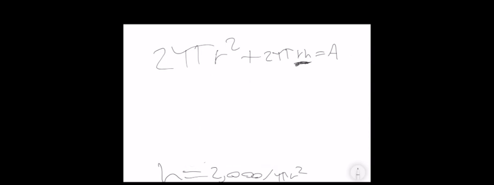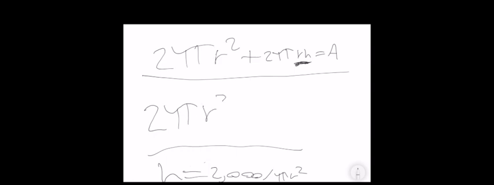This gives us h equals 2,000 over pi r to the second. So now, putting this into that equation, we have 2 pi r to the second plus 2 pi r times 2,000 over pi r to the second.